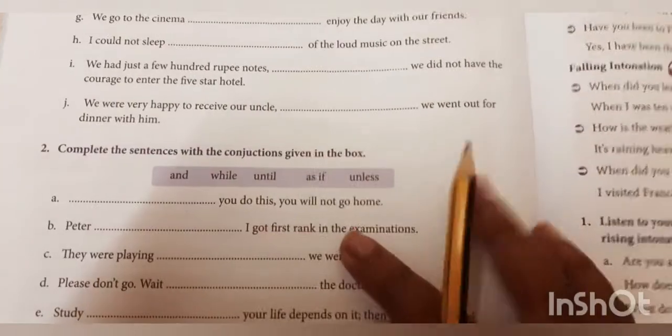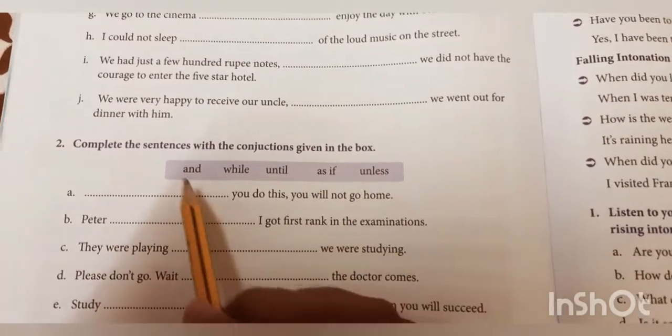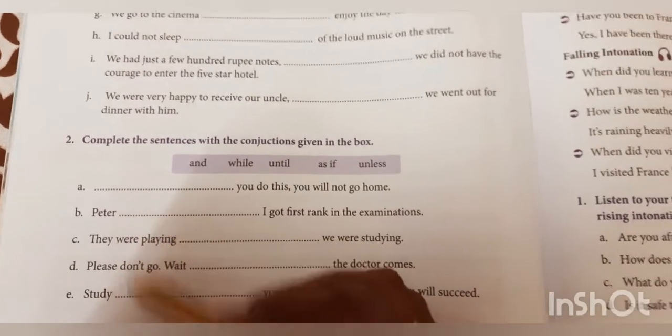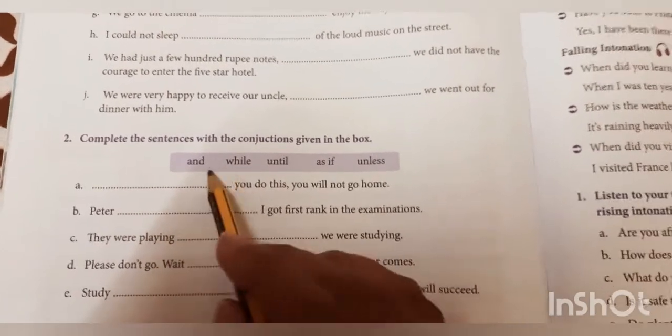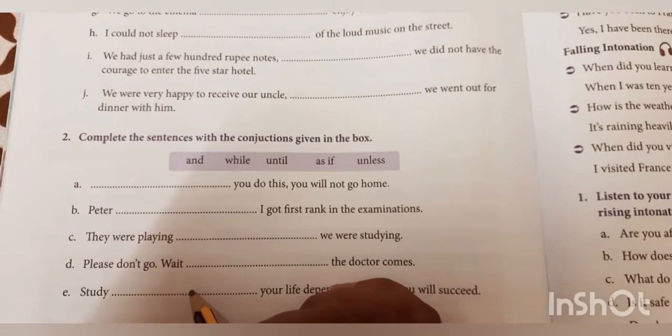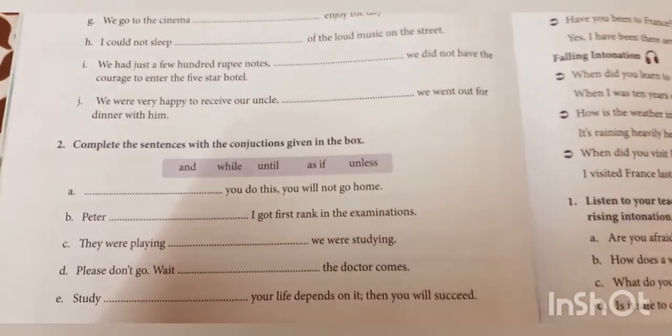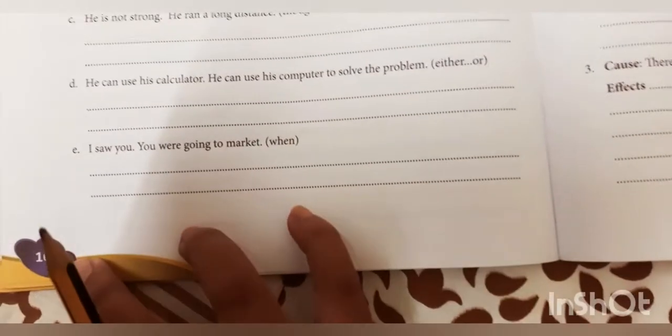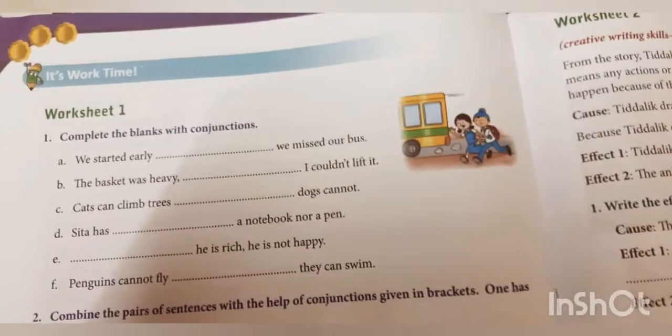And here you are given a box, and inside you can find the conjunctions that you should use to fill in these blanks. Okay, children, you use this and complete these. Got it?